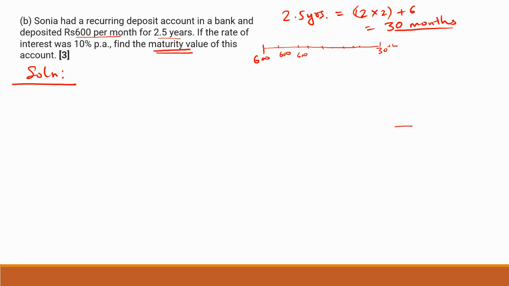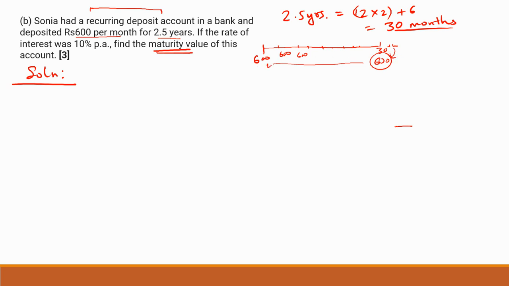What is the equivalent principal that Sonia deposited for 1 month? Because it's a recurring deposit, that means every month she keeps depositing. Although in the 30th month she deposited 600, it will get interest for only this one month.